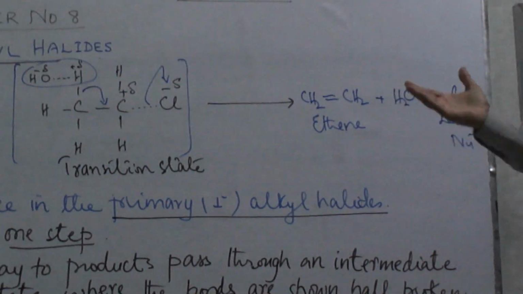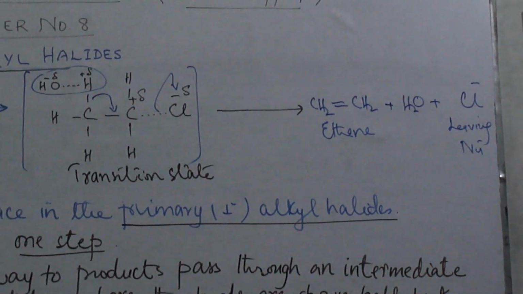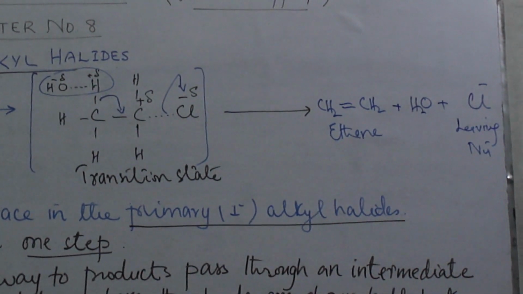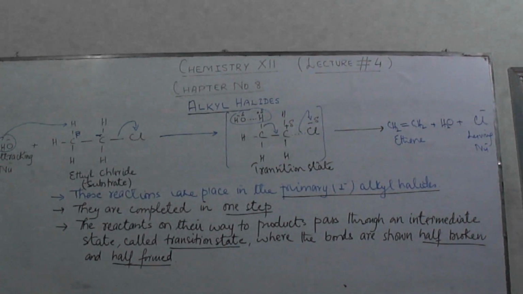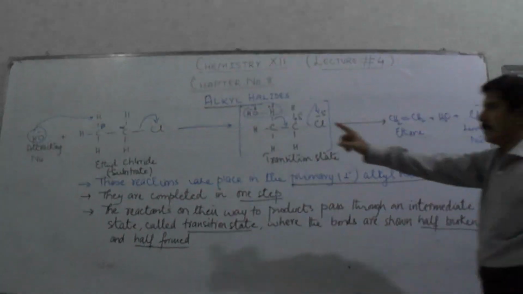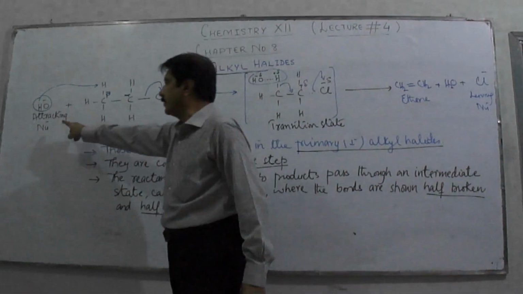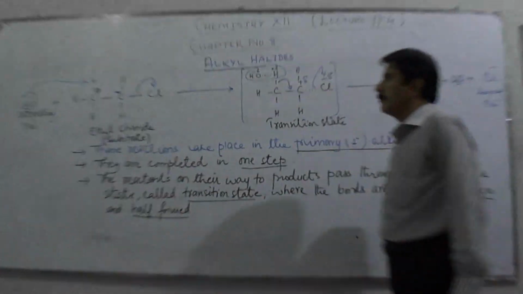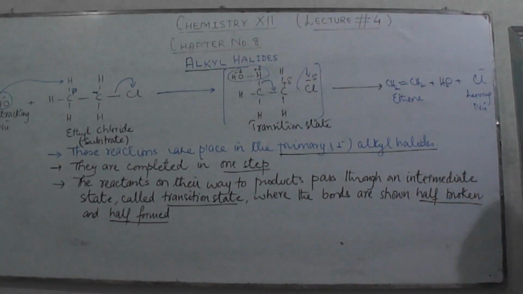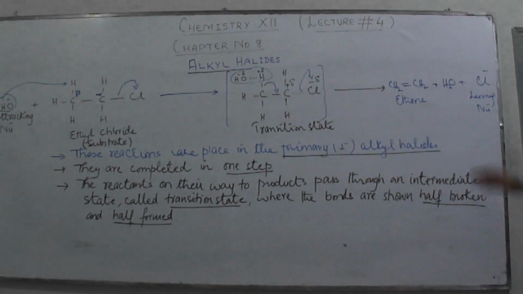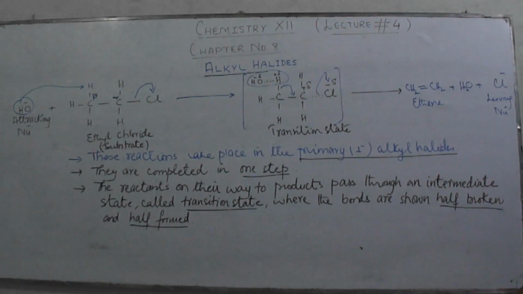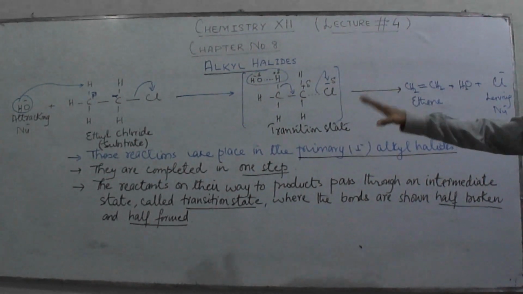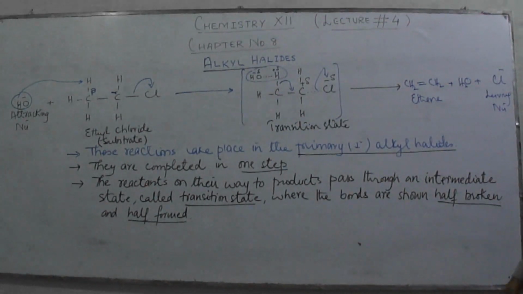So this is the mechanism of the E2 reaction, the bimolecular elimination reaction. As you all have seen here, both the substrate molecule and the attacking nucleophile are playing their role simultaneously in the reaction. So the rate of bimolecular elimination reactions depends upon the concentration of substrate as well as the attacking nucleophile.